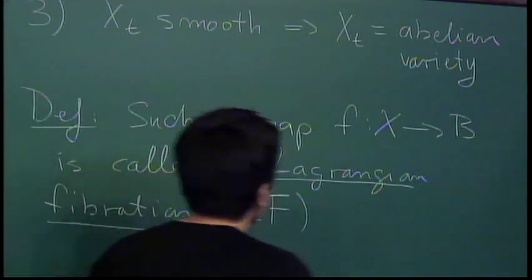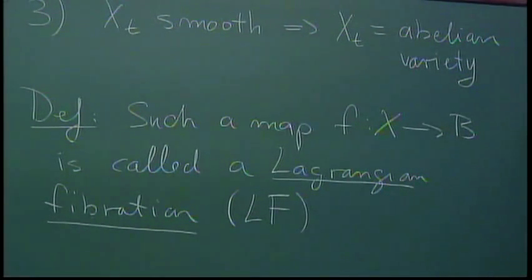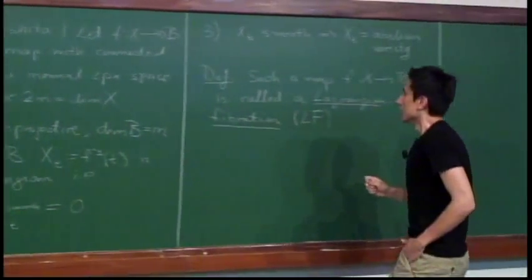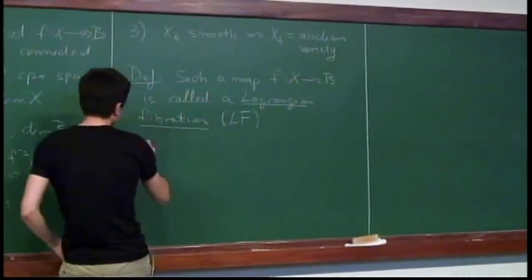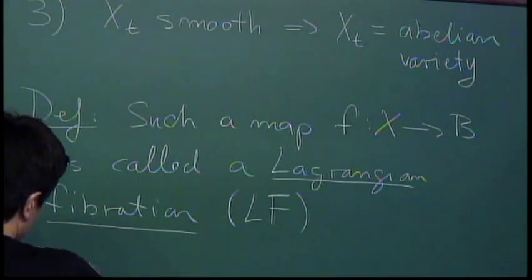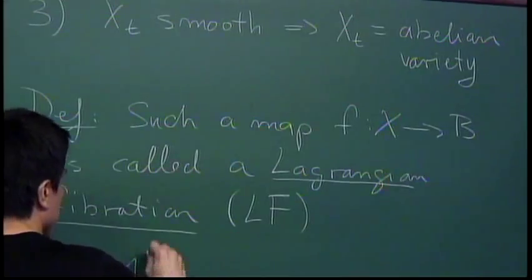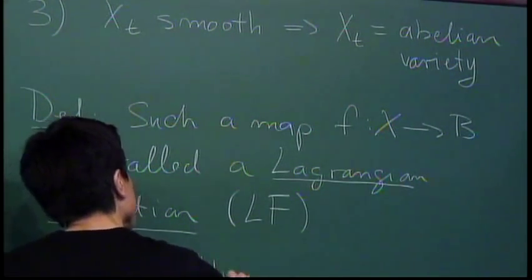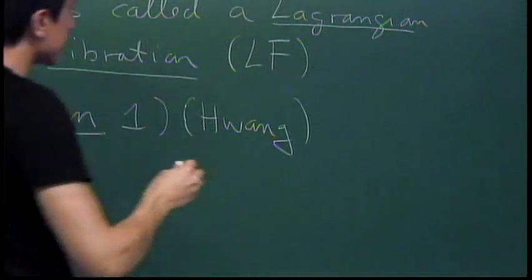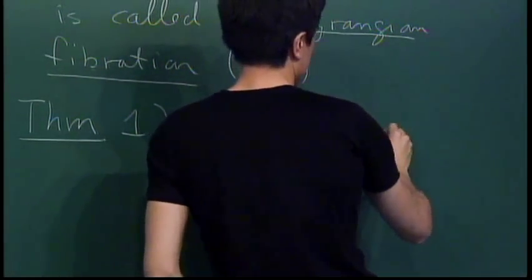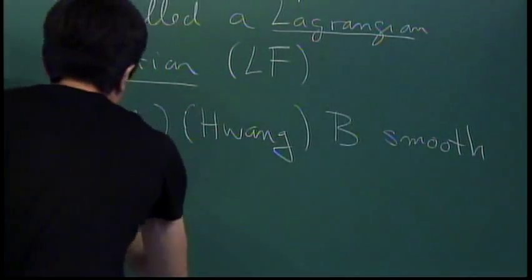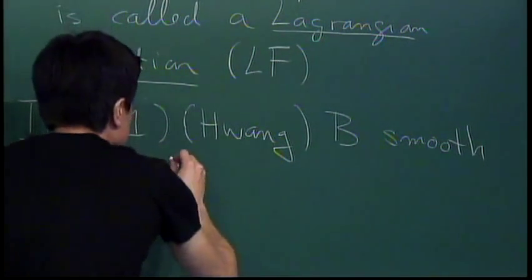So now one more thing is known about the base space B. And this is a result by Hwang. So if we assume the base space B to be smooth, then it follows that B is just the projective space.